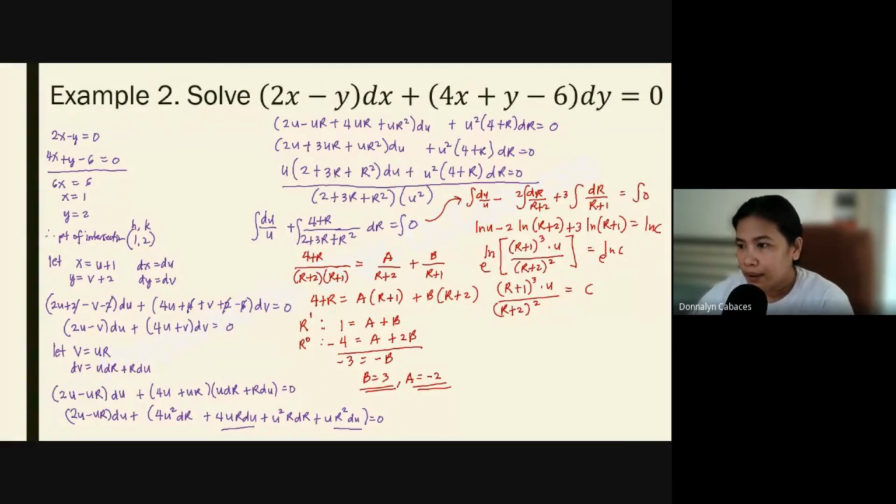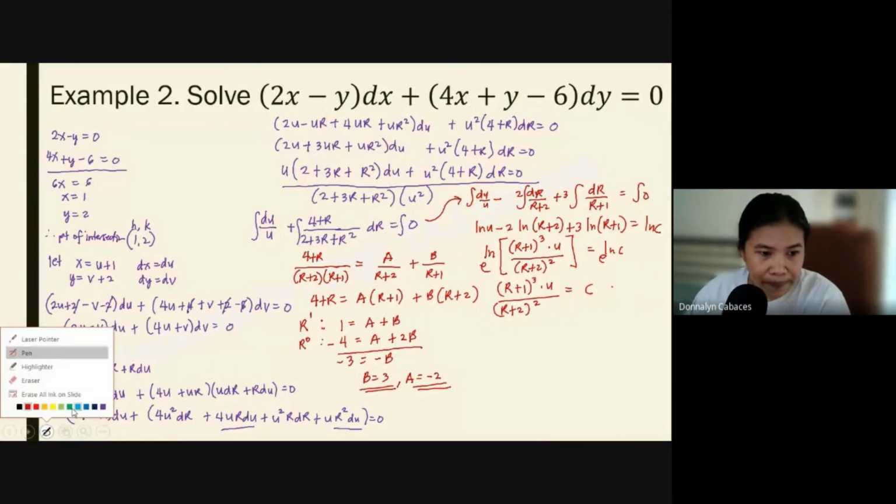Then, let us return our variables to u and v. What is r? This is R. So R is V over U. Let me use another color again so we don't get confused. Let me use blue color.